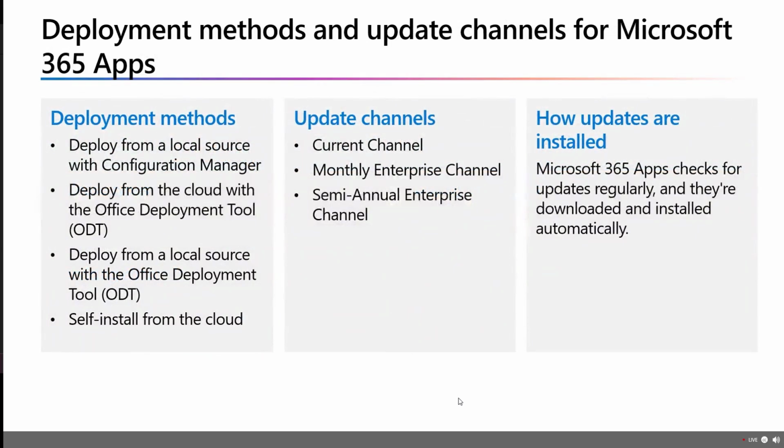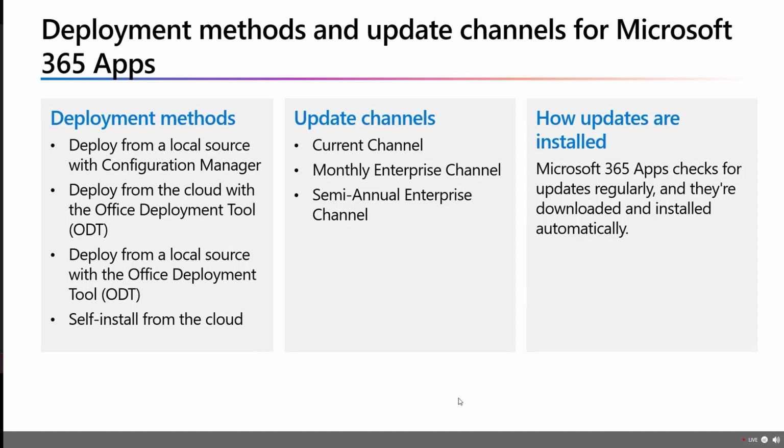So stepping into the deployment method approach, when we're talking about Microsoft 365 apps, they can be installed individually by a user on their devices, but it's often beneficial to manage the updates and deploy a customized selection of the apps to users' devices, really just ensuring that all users have the apps that they need.